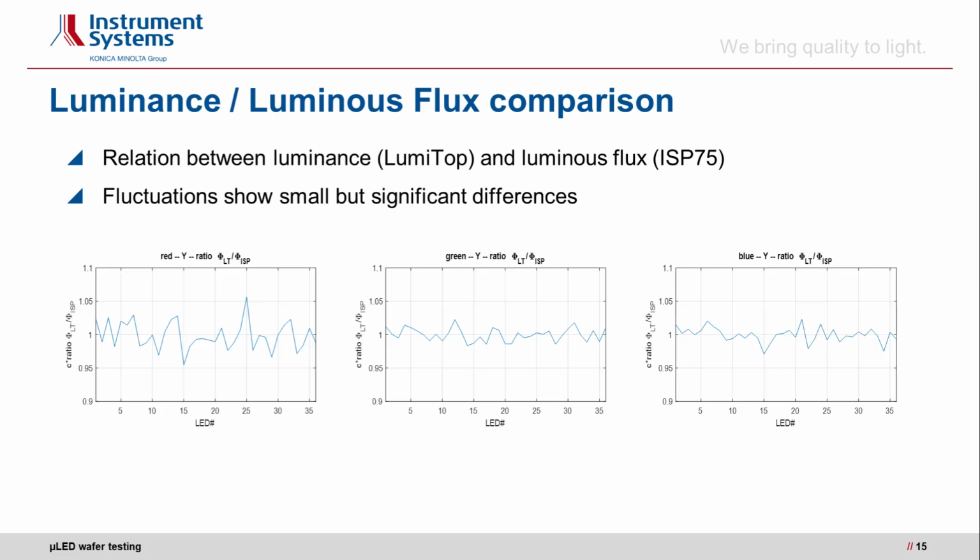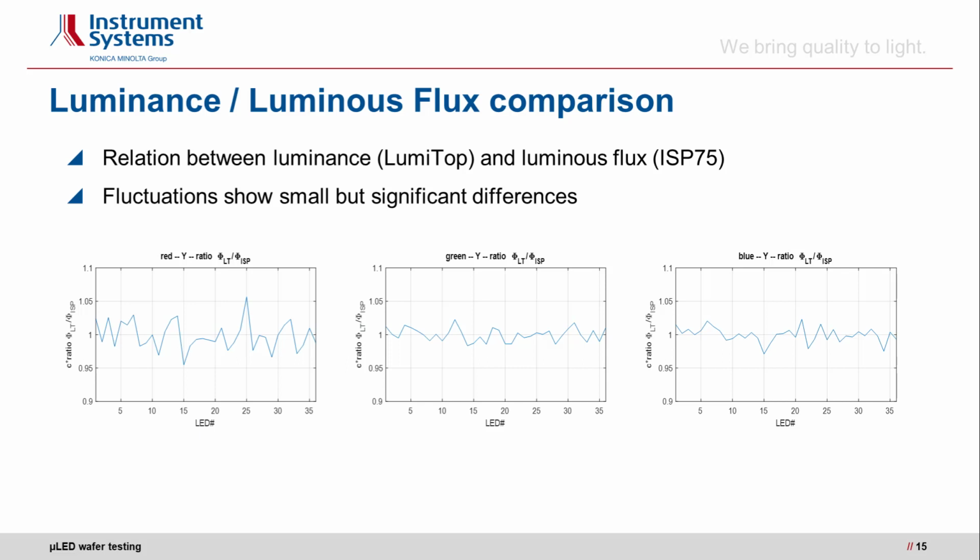Now these are the results we have received, and basically what you see here is the relation between luminance measured with the Lumitop and luminous flux measured with the integrating sphere. So basically this is on the x-axis. It's also normalized to 1 because the individual value is not really necessary to know.